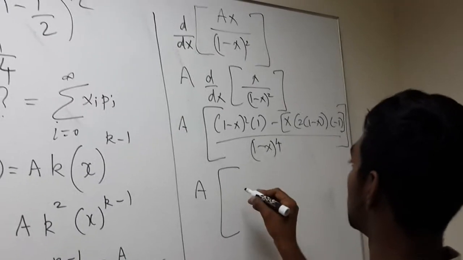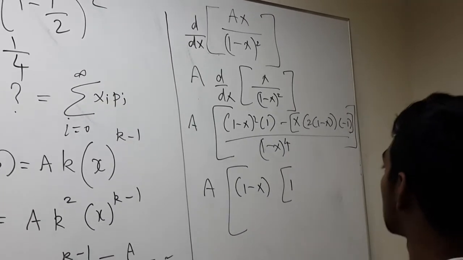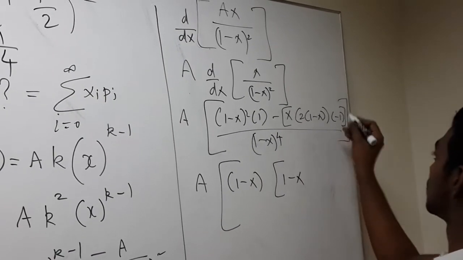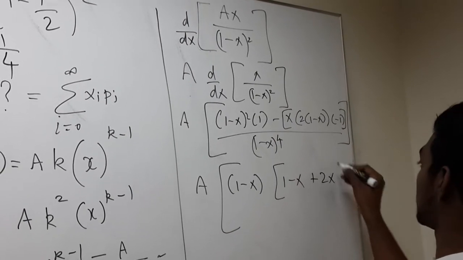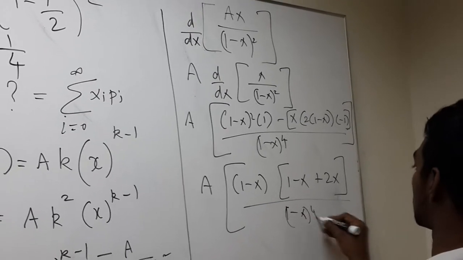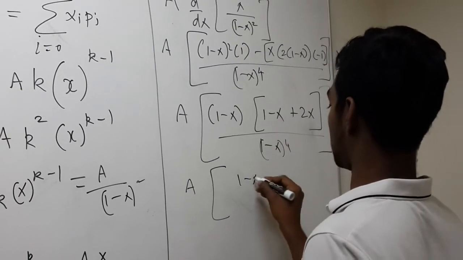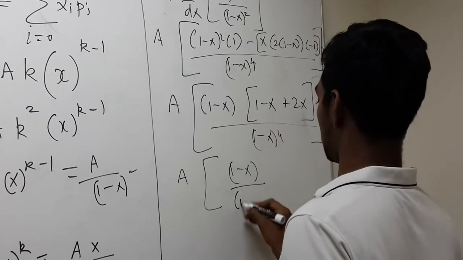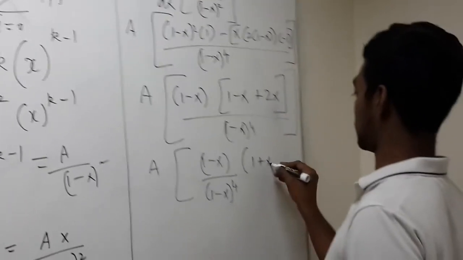A into (1 minus x) is a common term, I am taking it outside. Inside, it's going to be (1 minus x) plus 2x, by (1 minus x) the whole power 4. So a times (1 minus x) by (1 minus x) to the power 4 into (1 plus x).